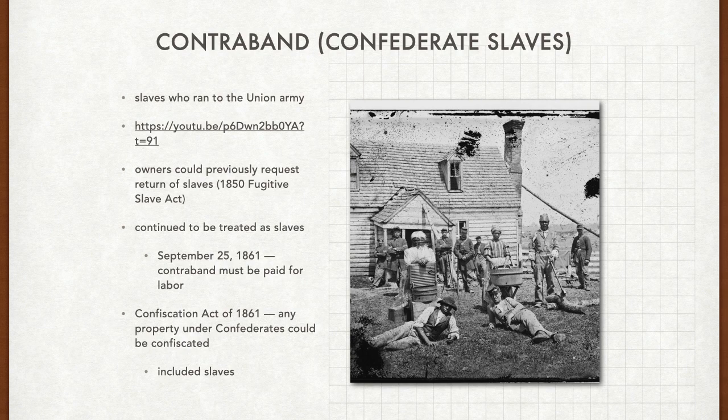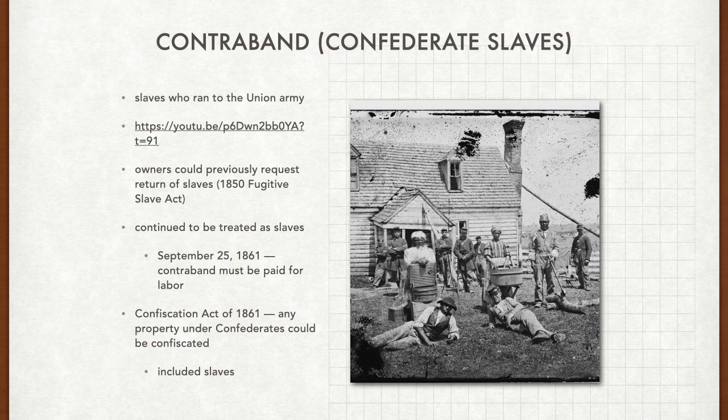Prior to the war, the owners of the slaves would have been legally entitled to request their return as property and likely would have done so under the Fugitive Slave Act of 1850, as we've discussed before. General Butler took the position that if Virginia considered itself a foreign power, then he was under no obligation to return the 3 men, and he would hold them as contraband of war.